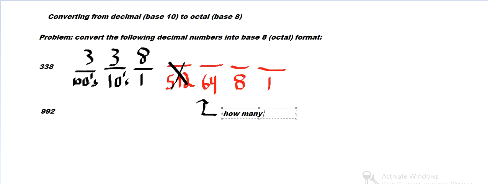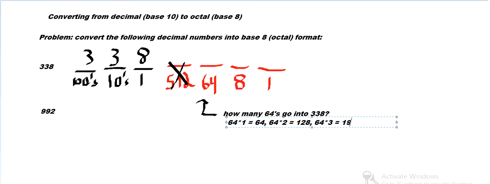We can check. 64 times 1 is 64. 64 times 2 is 128. 64 times 3 is 192. 64 times 4 is 256. 64 times 5 is 320.